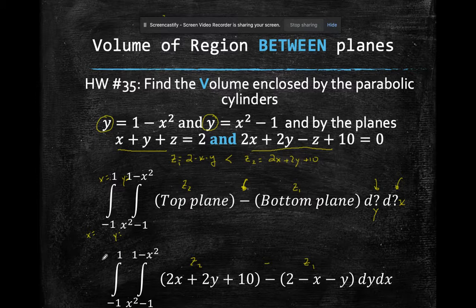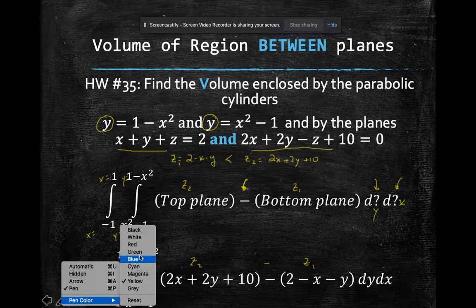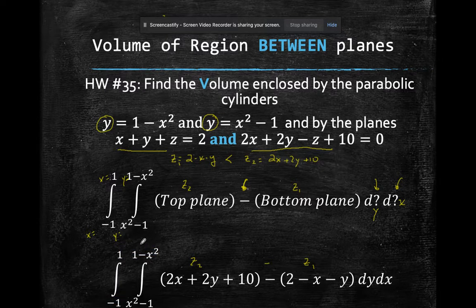So that I have something nicer. 2x minus negative x is 3x. 2y minus negative y is 3y. 10 minus 2 is 8.